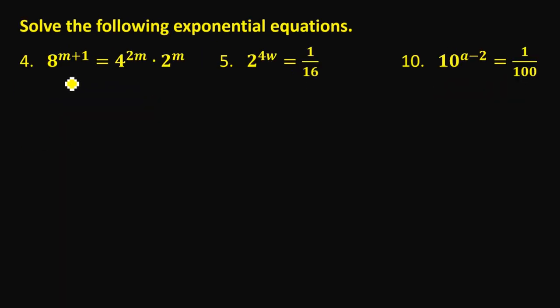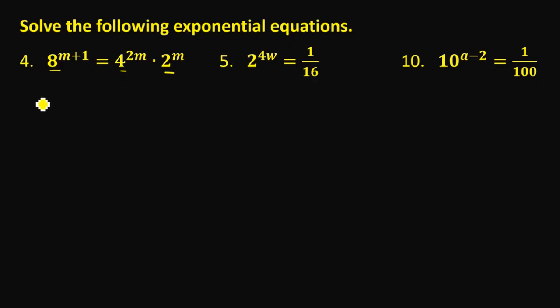Number 4, we have 8 raised to the power of m plus 1 equals 4 raised to the power of 2m times 2 raised to m. We have different bases: 8, 4, and 2. The lowest base from the given is 2. We know that 4 can be expressed as 2 raised to 2, and 8 can be expressed as 2 raised to 3.